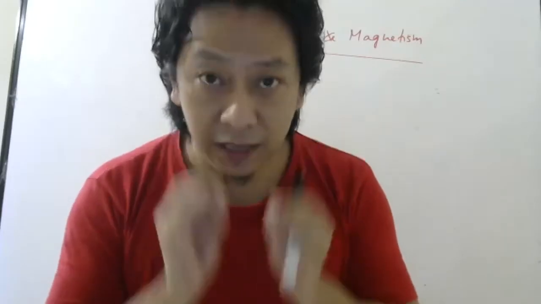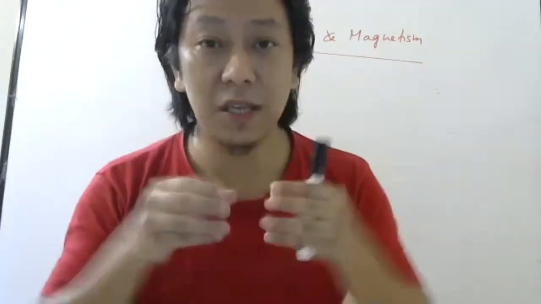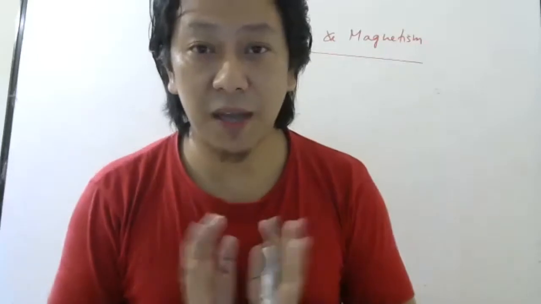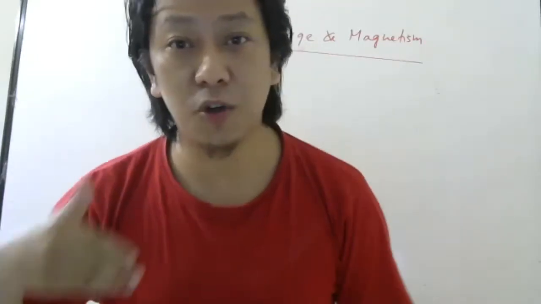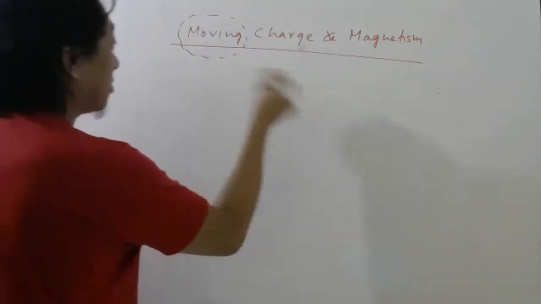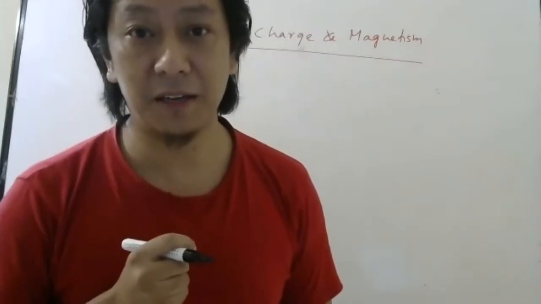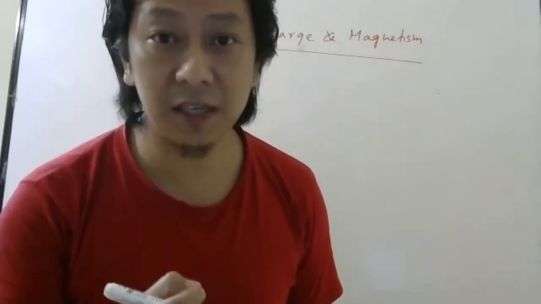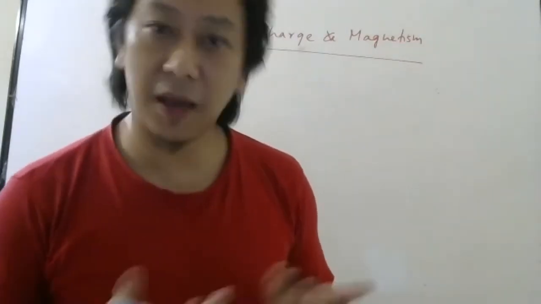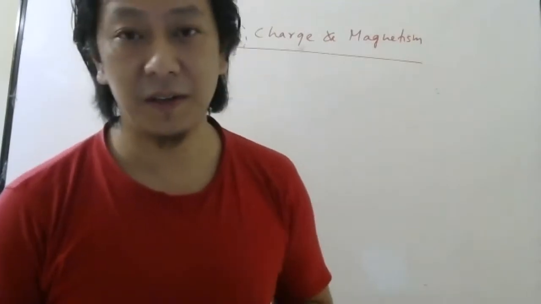But right now, what you should think is a magnet produces a magnetic field which exerts force on another magnet. So if I ask you what is the source of magnetic field, you may be tempted to answer magnet. Magnet is the source of magnetic field. So that is fine.